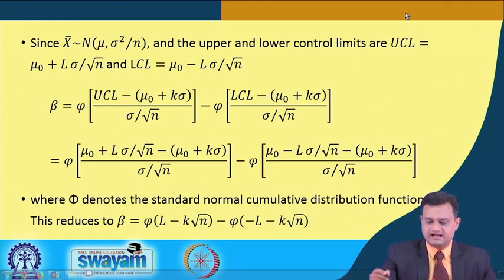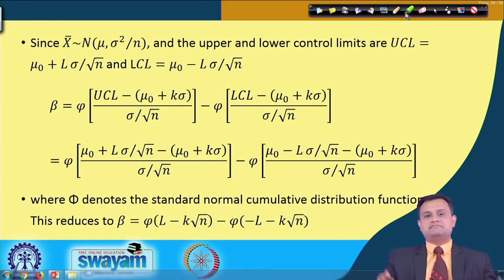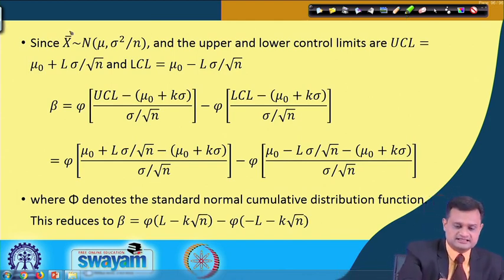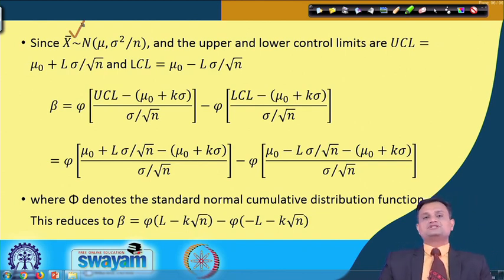So now let us see, I am just trying to convert the basic equation, the generic understanding, into a more specific one, otherwise the concept remains the same. Let us say x bar, which is the mean of my individual sample, is normally distributed with mu and variance sigma square divided by n.